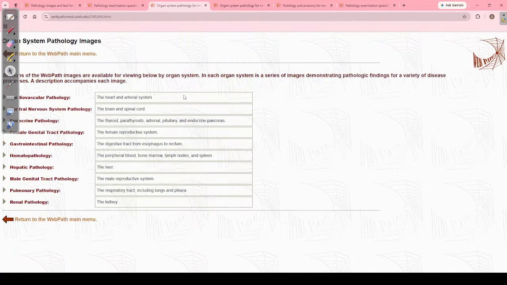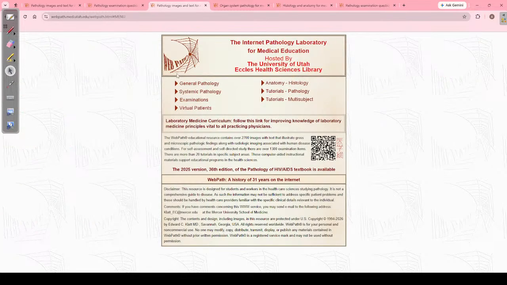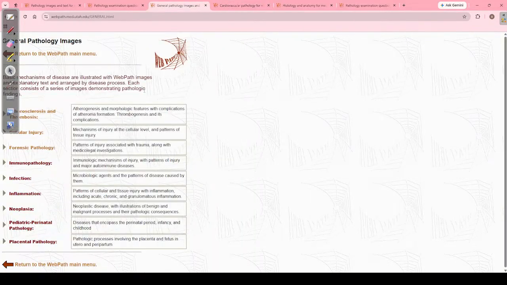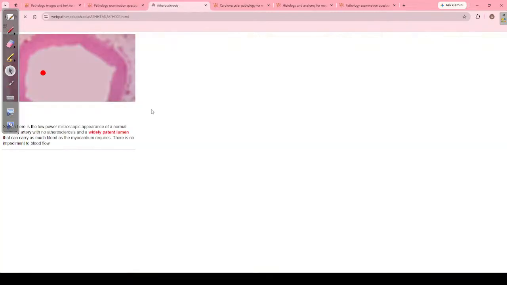And I believe systemic is a lot better, because we have a lot in systemic. No, cardiovascular also. Right, let's start with atherosclerosis and with the normal stuff.